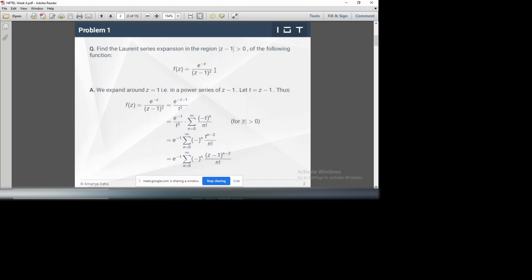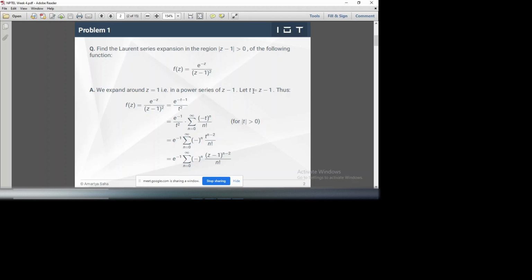When we express this function as a power series in z minus 1, we expect negative powers to occur because this function is divergent at z equal to 1. So we'll see, when we expand around z equal to 1, negative powers of z minus 1 will appear.